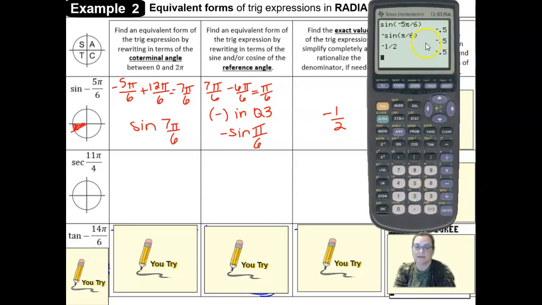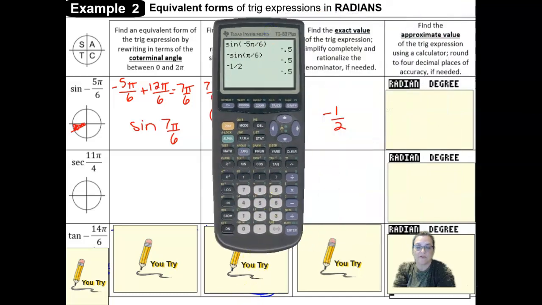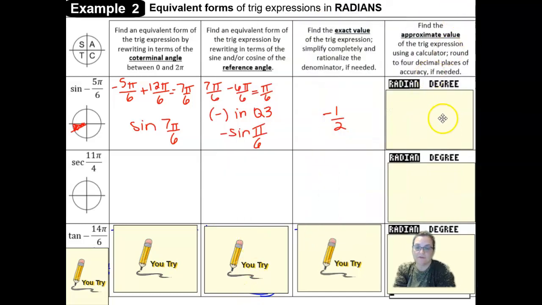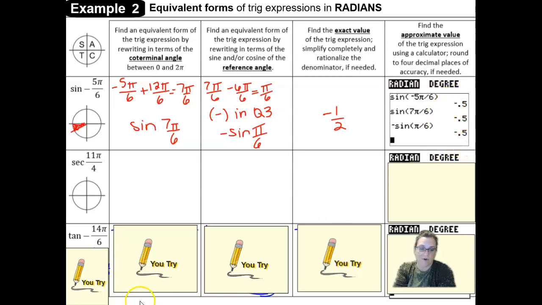And in each case, they're equivalent. So I don't have to round anything to 4 decimal places because it's an exact value of negative 1/2.